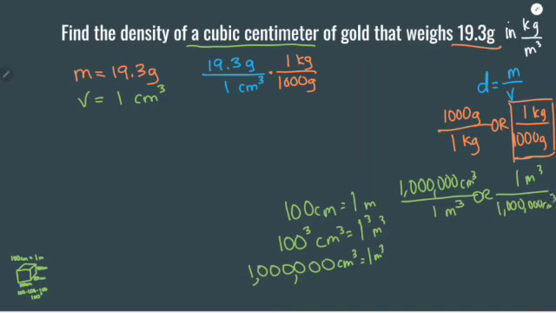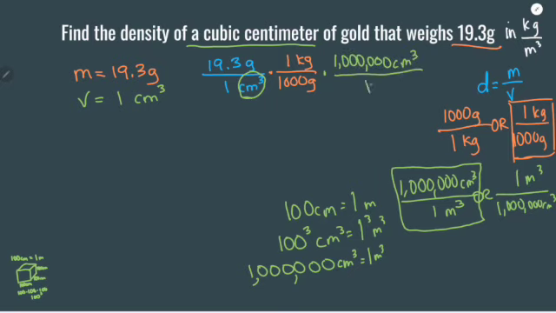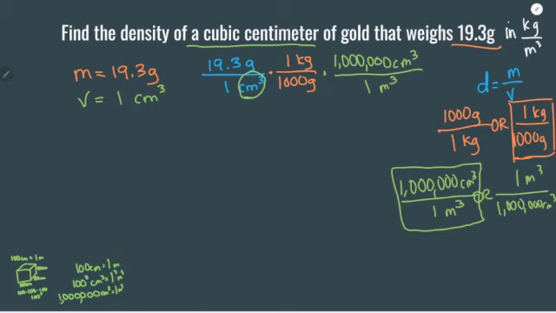We look back at our original question and we have cubic centimeters on the bottom, so we're going to want cubic centimeters up on top in order for it to cancel out. So we're going to use this one. We'll multiply by 1 million cubic centimeters per 1 cubic meter. And we'll go ahead and keep multiplying out.